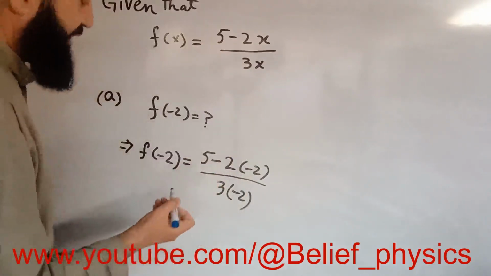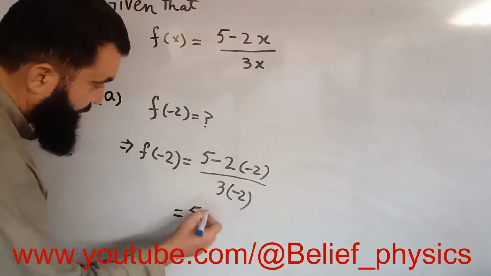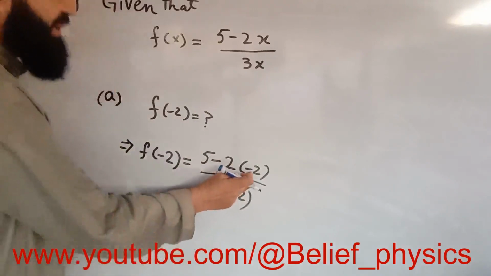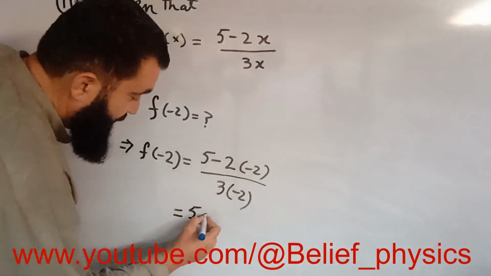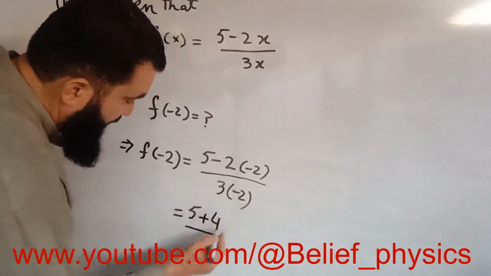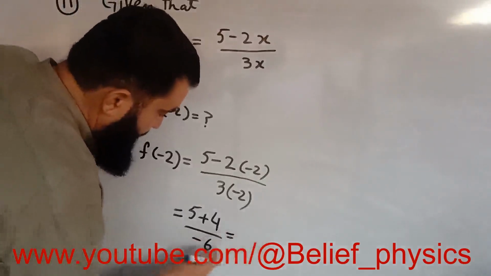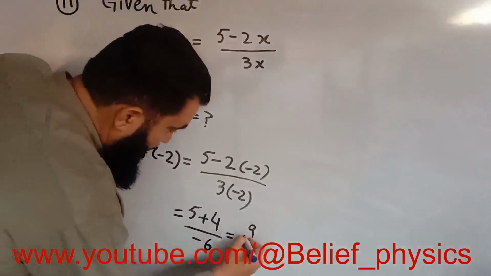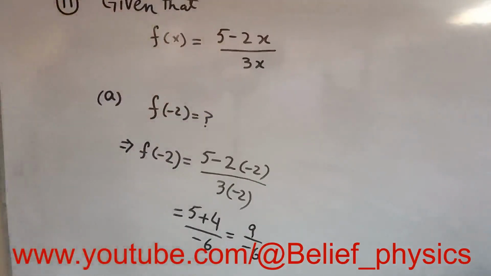Now we simplify it. This will be equal to 5 minus, and multiplied, minus minus plus. So this will become 5 plus 4, 9, over 3 into minus 2, which is minus 6. So this will become 9 over minus 6. Now 9 is positive and 6 is negative.